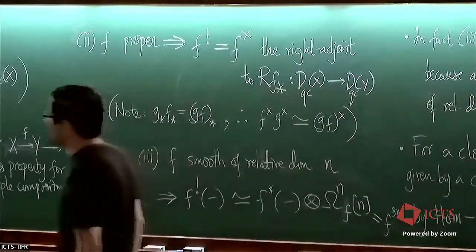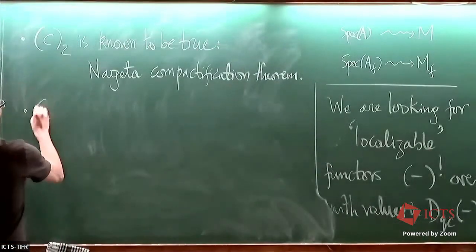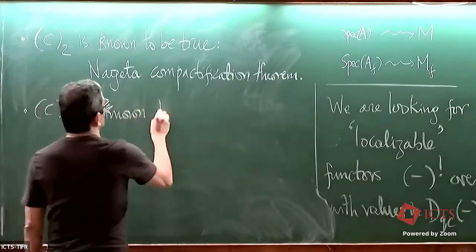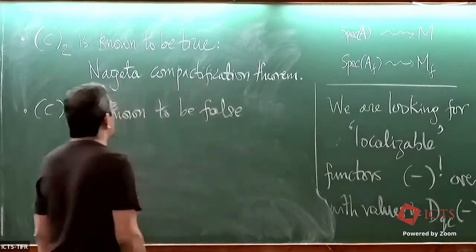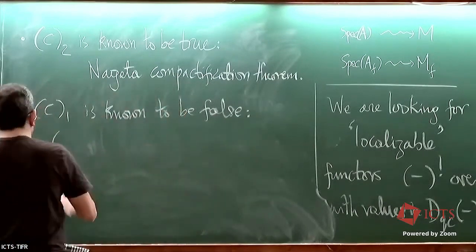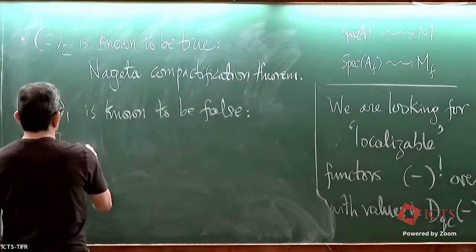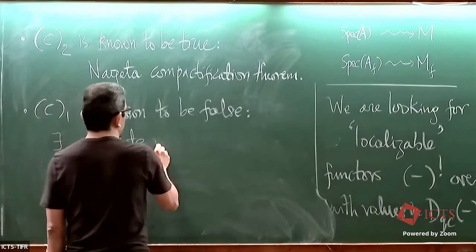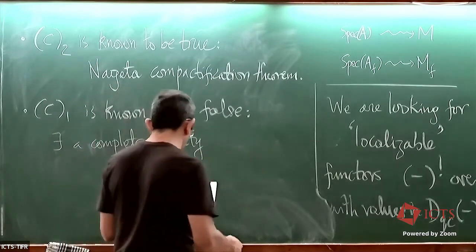Okay, so C2 is known to be true. On the other hand, C1 is known to be false. Just to give an example, there exists a complete variety over any field, like the complex numbers, if you like.